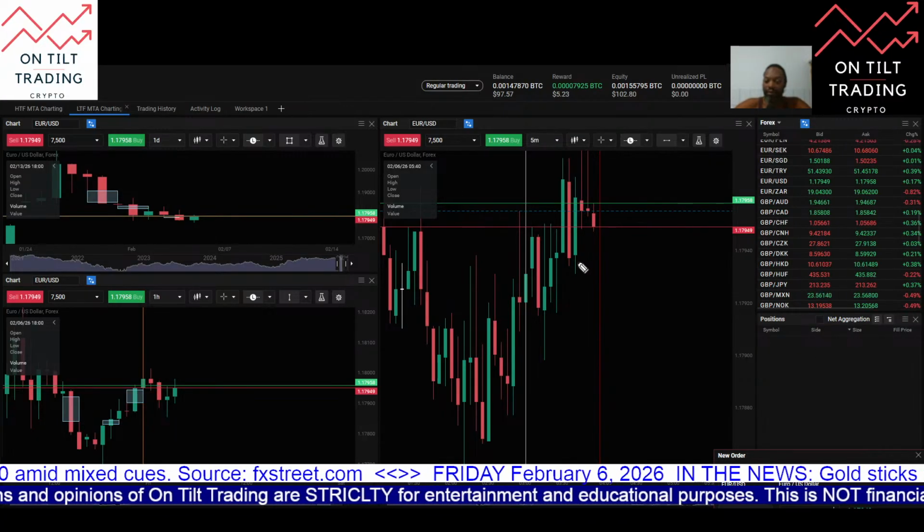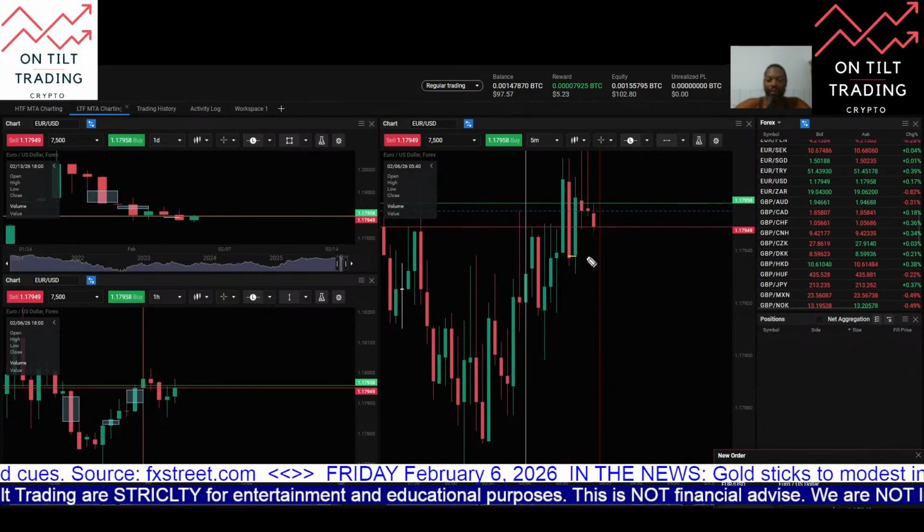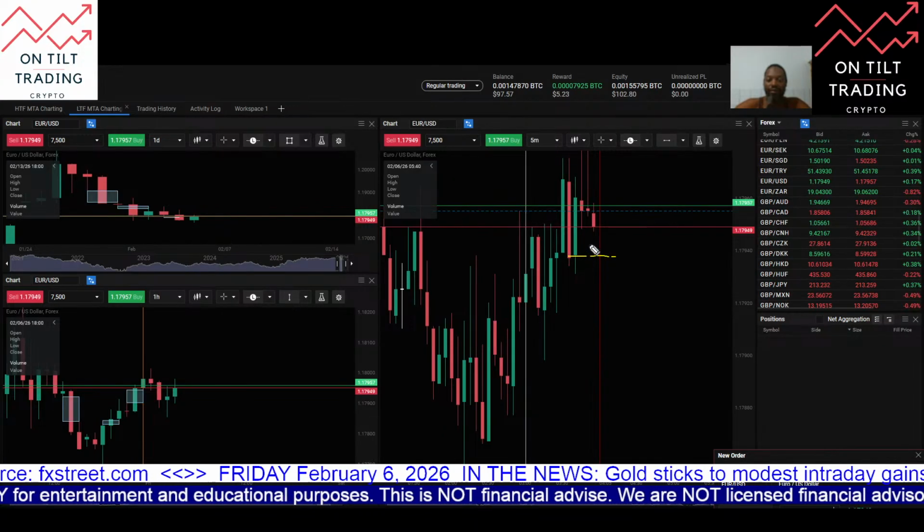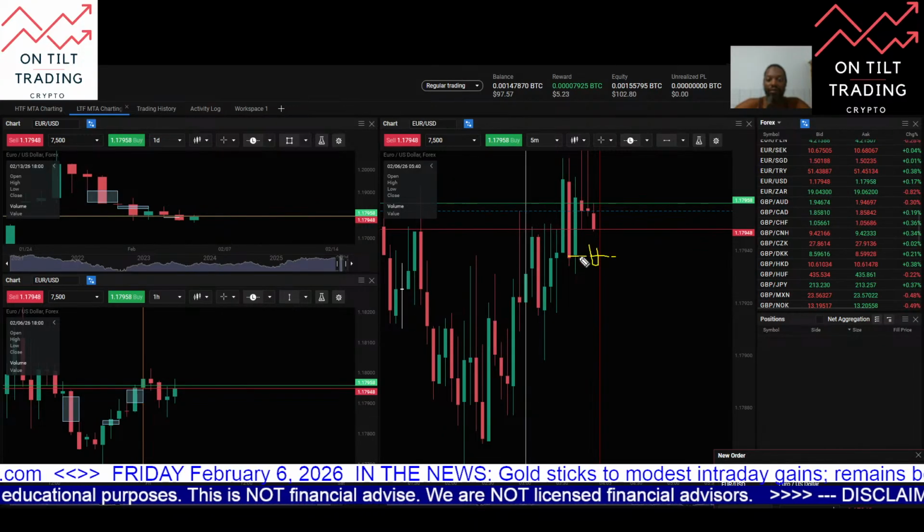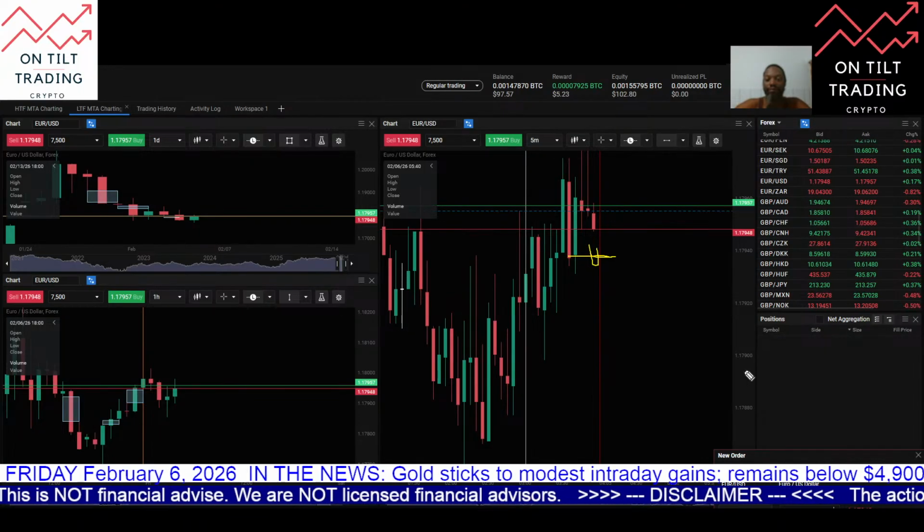So price here in the next 3 minutes would need to deliver a body candle close below this level.